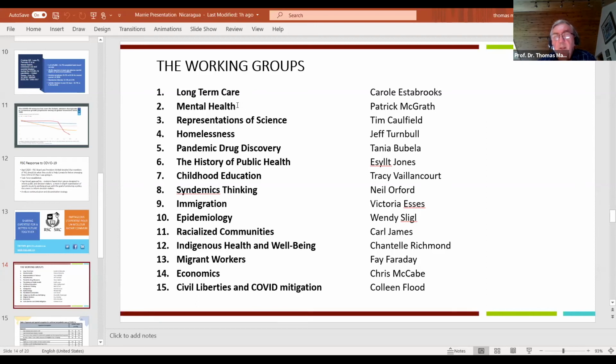The second one is on mental health. I wanted to just say a brief word about representations of science in literature, not only scientific literature, but even more importantly in terms of its impact is the effect in the social media.